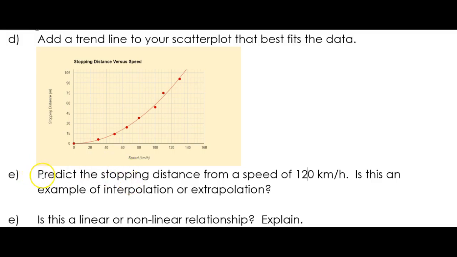All right, so the next part of this question asks me to predict the stopping distance from a speed of 120 kilometers per hour. And it asks if this is an example of interpolation or extrapolation. So I'm going to take a look at my graph and show you how I would figure this out. I want to know at 120 kilometers per hour how long my stopping distance I would expect that to be.